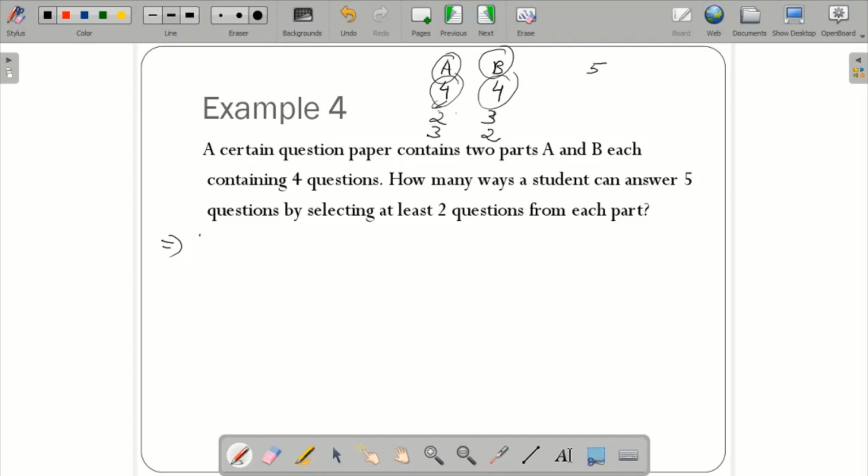So the first way is the different ways a student can select 5 questions.